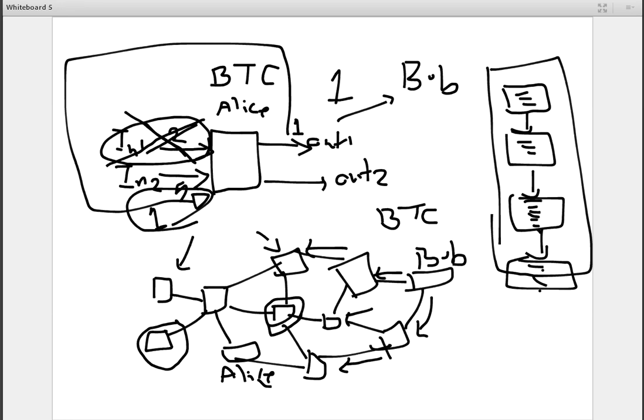In the previous session, I talked about double spending. We will discuss all these topics in detail.